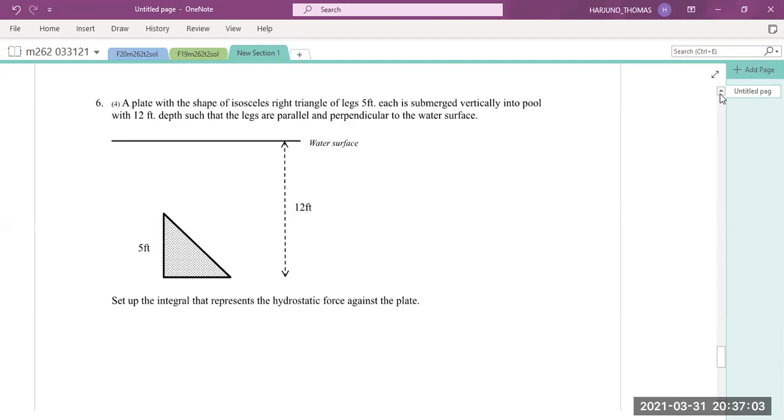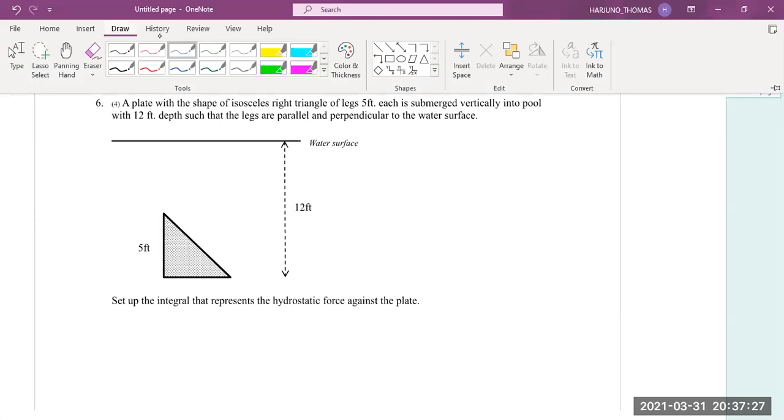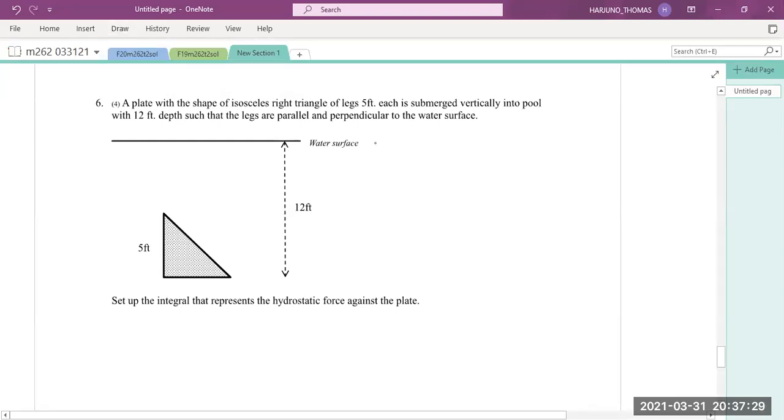There are 4 different ways to attack this problem. Let me tell you first, but all I need you to do is set up. Show me how you get the depth. Where's your x, the reference line? Your x, your depth, your length. The first one, your x can be here. Another one, your x can be here.